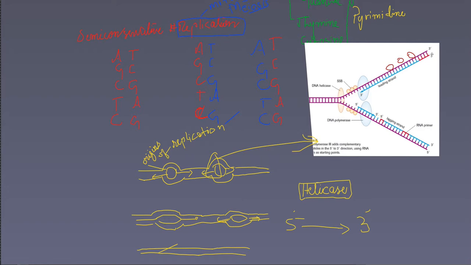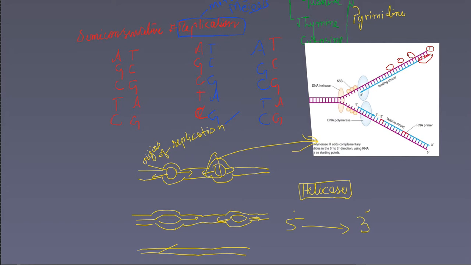So a primase comes here, the red one. This is the RNA molecule, which comes and attaches itself to the DNA molecule at the 3' carbon, which means it has a hydroxyl group which could be easily replaced by the RNA molecule.